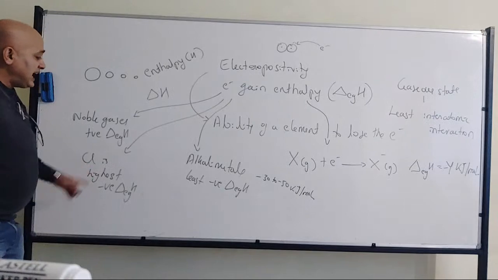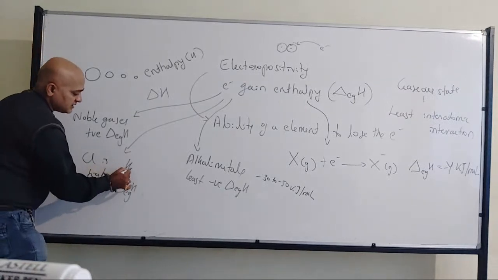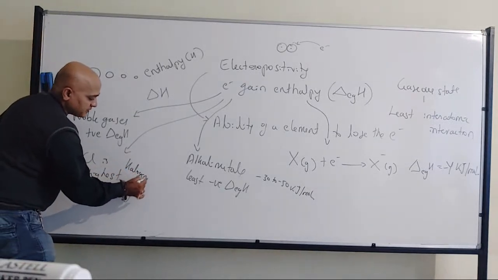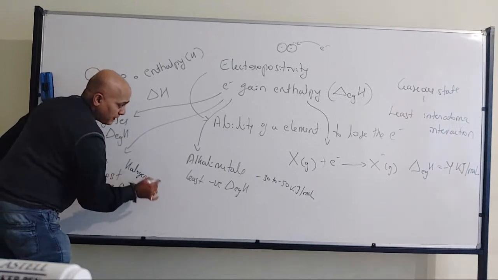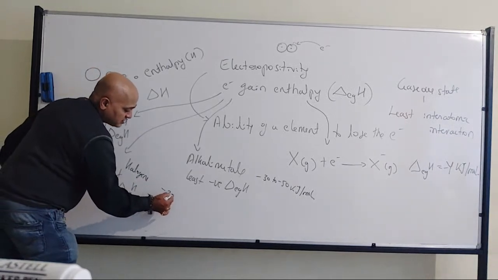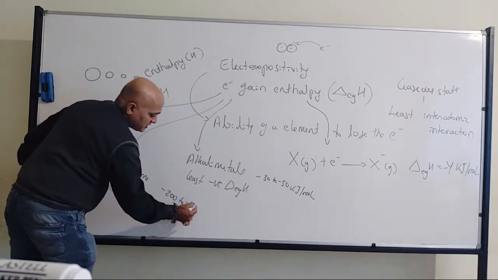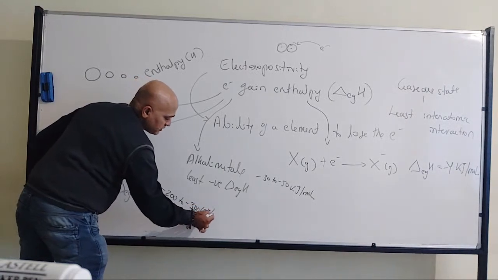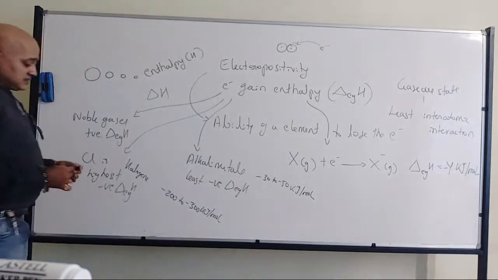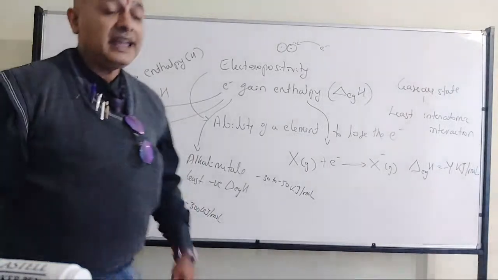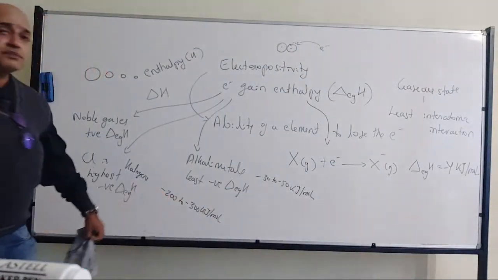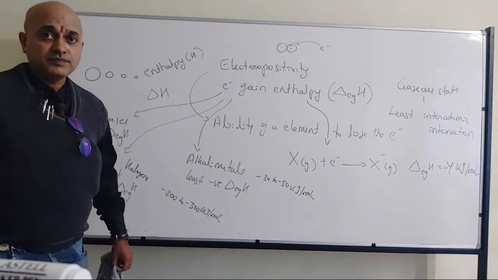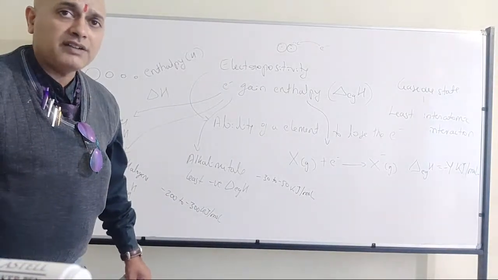But if you see the halogens, it will be ranging from somewhere around minus 200 to minus 300 kilojoules per mole. That is the difference between alkali and halogens. Halogens are very good acceptors of 1 electron. Fine? All of you have understood?